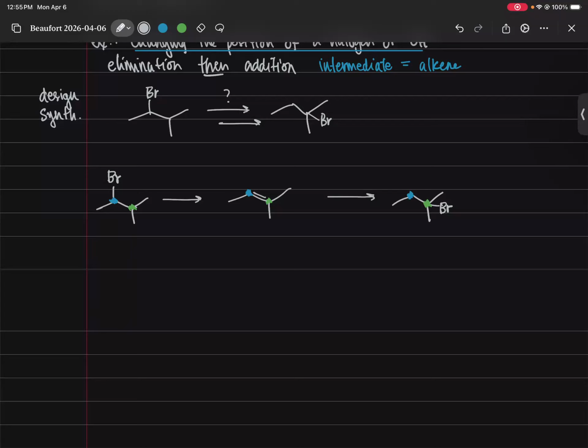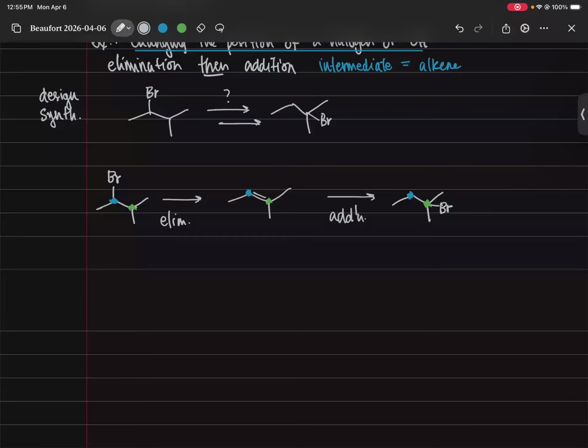The reason is, the first step is elimination. All right, that matches up. We take an alkyl halide, do an elimination, we get an alkene. Elimination, then addition. So the second step is addition. And yes, that makes sense. We go from an alkene to an alkyl halide.